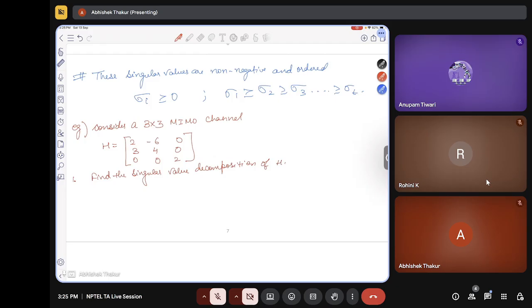And there is one more part of this question. So this is the first part. Second part is consider a transmit power of minus 1.25 dB and noise power of sigma n square is equal to 3 dB.